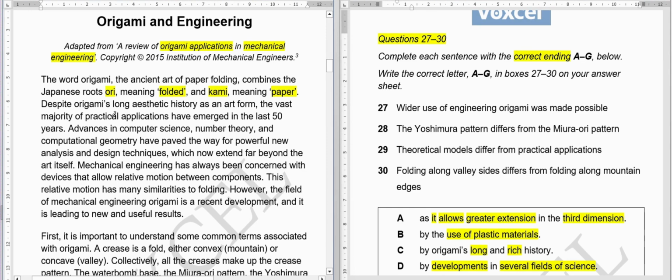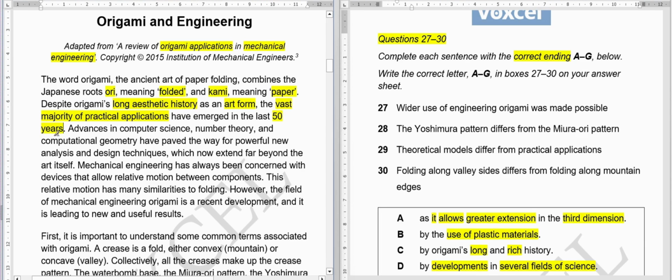Despite origami's long aesthetic history as an art form, the vast majority of practical applications have emerged in the last 50 years. So we have been getting a vast majority of practical applications in the last 50 years, not before that.